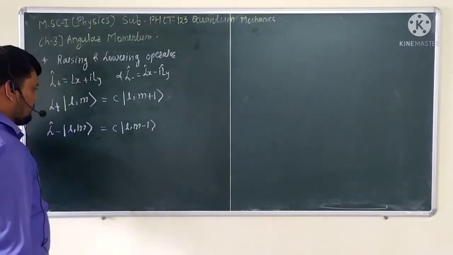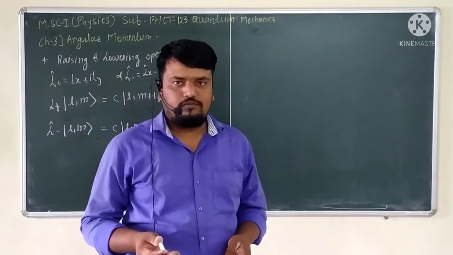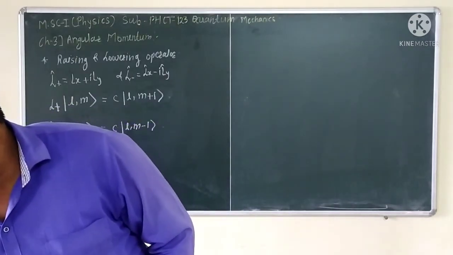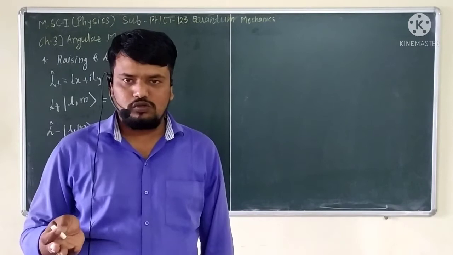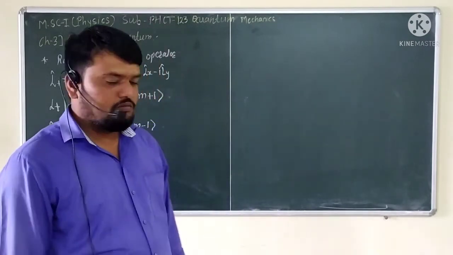Okay, and we want to see, for example, the p state of an electron. You know that for a p state electron, the orbital angular momentum is L equal to 1, and the m value is 1, 0 and minus 1.